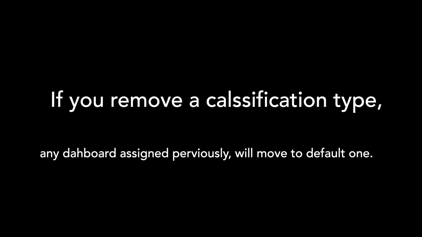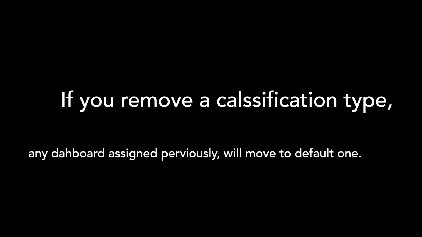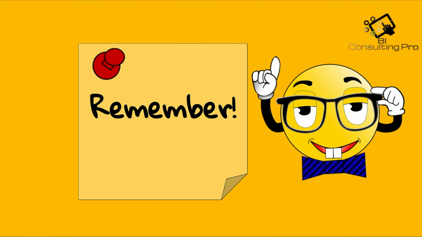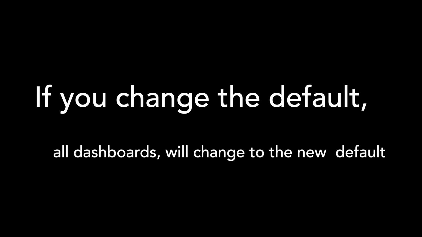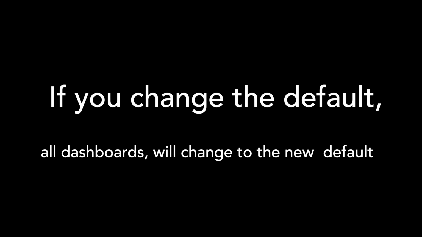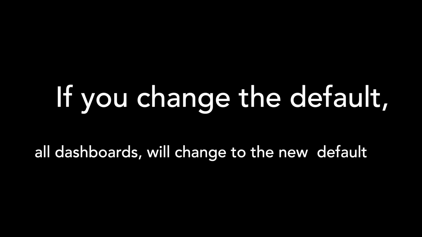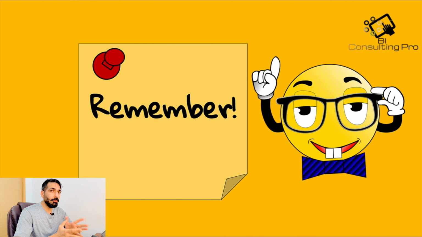So whatever default we have made in the tenant settings, it is going to go to that one. The last point is that if in any case you need to make changes to the default setting, a classification type that wasn't aligned will change to the new default. So those are some of the things that you should remember while working on dashboard data classification.